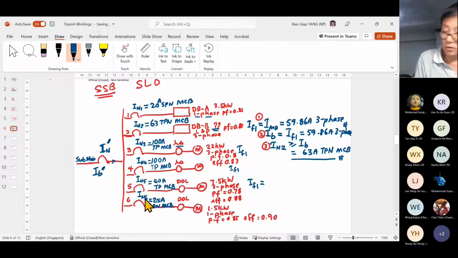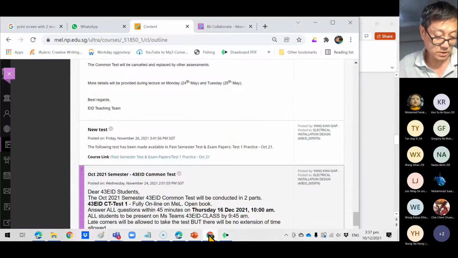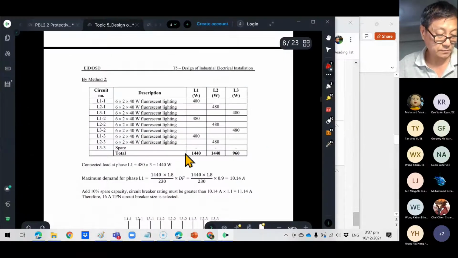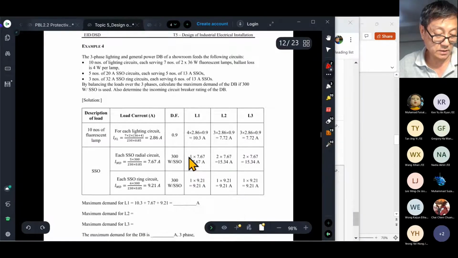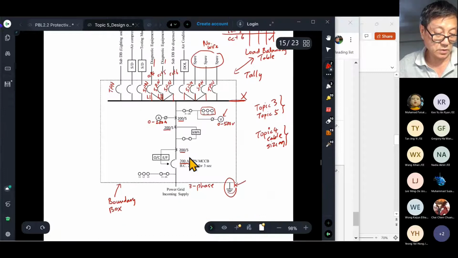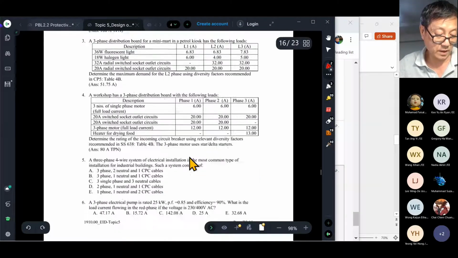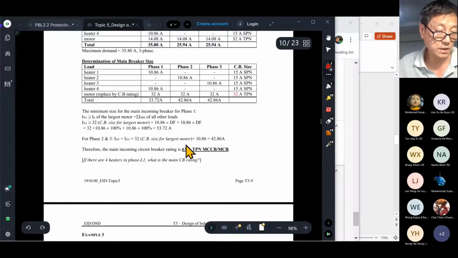Okay, so we have to use the formula given in the notes. I'm going to point to you the formula in the notes so that you can remember. The lecturer hasn't covered all this, but the example is important. So how do I size the circuit breaker when I have outgoing circuit and incoming with a mixture?